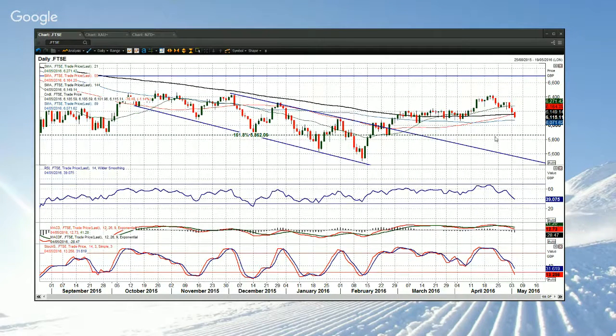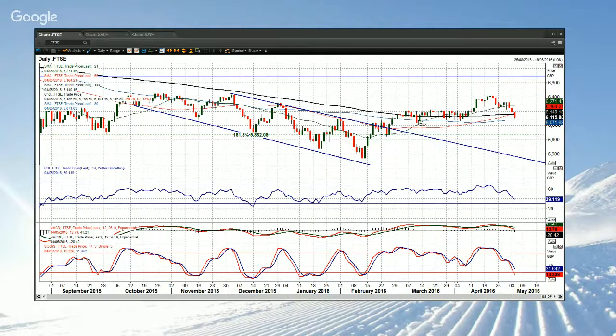Again, FTSE and DAX both look as though they're going to be testing those levels. So low 6036 from March, April low 6062. And the momentum has just completely fallen away on FTSE. Stochastics, RSI. RSI is now lowest since mid-Feb. MACD line's crossed over. Oh, good Lord. It doesn't look good, does it?